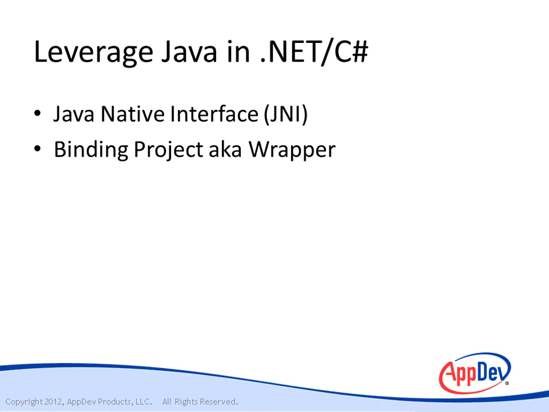Then, with the introduction of Mono for Android 4.2, there's a Java binding library project, and that is a wrapper. It's going to allow us as developers to take a Java library, a jar file, and import that library into our application, and then we can use that library.